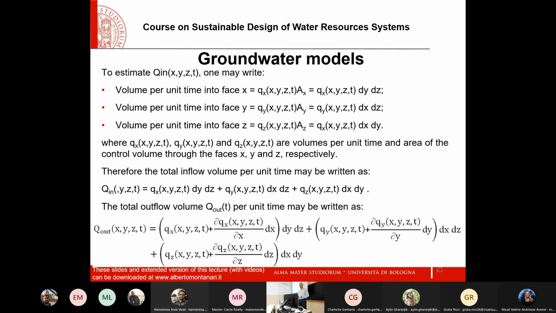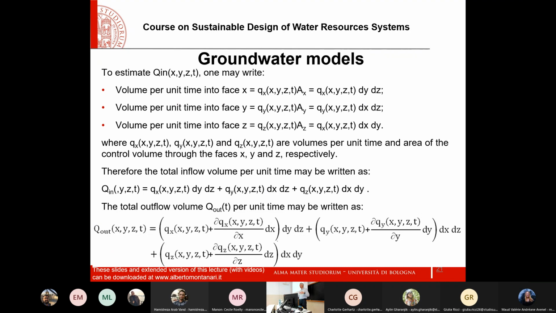lines one by one. To estimate Q in, let's look at the first line. Volume per unit time into phase X: Qx, which is the flow along the X direction.